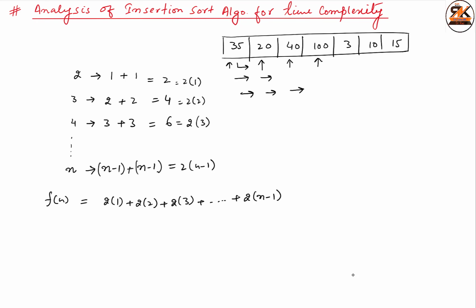And when I take 2 common out of this function, then we will have 1 plus 2 plus 3 plus so on plus n minus 1.